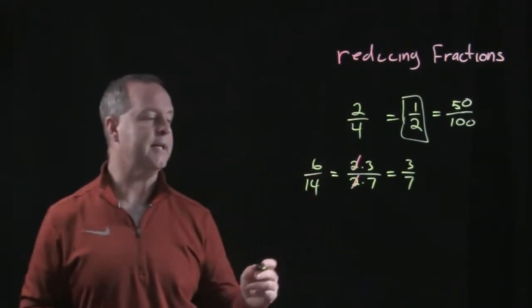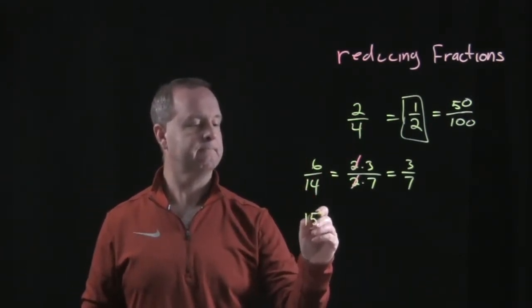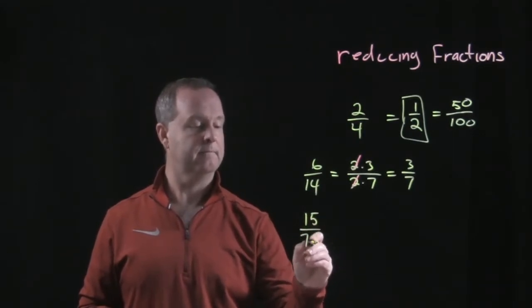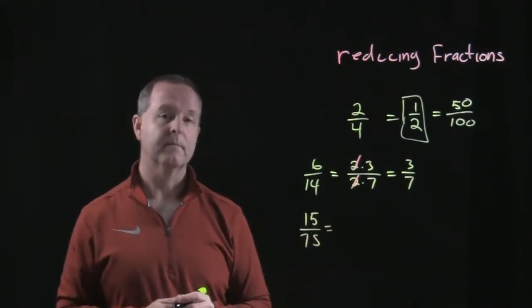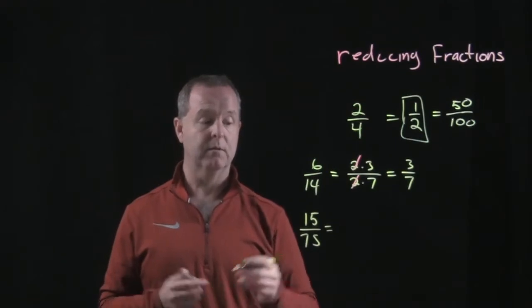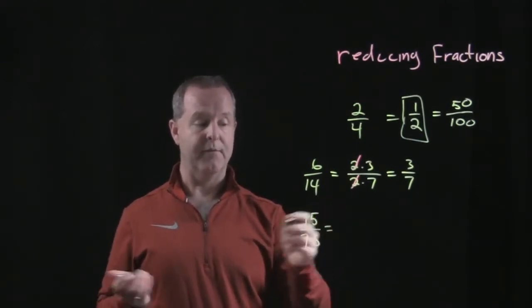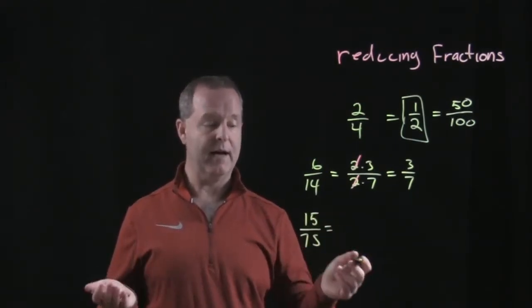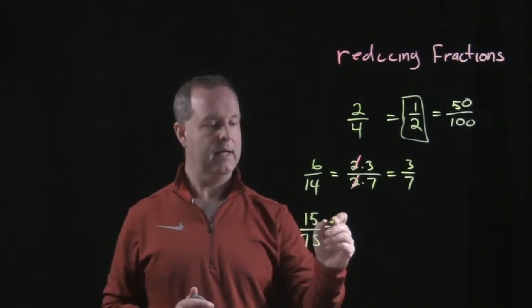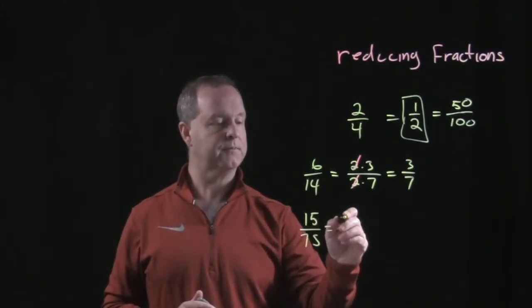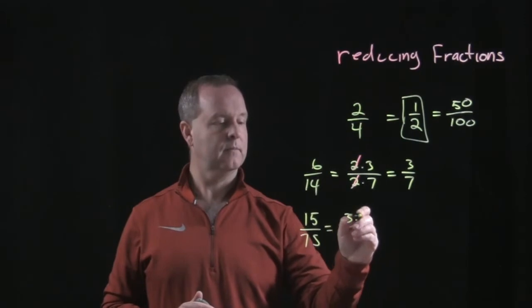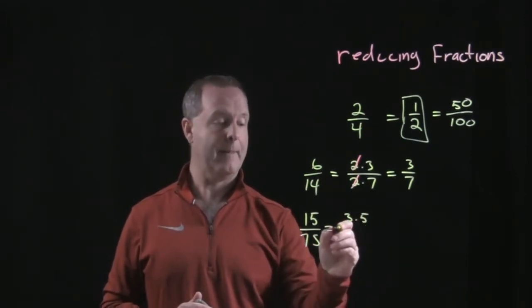All right, let's look at another idea. Let's look at 15/75. Well, 15 can factor down to 1 and 15, or 3 and 5. 75 factors down to lots of things. So let's factor 15 down to 3 and 5.